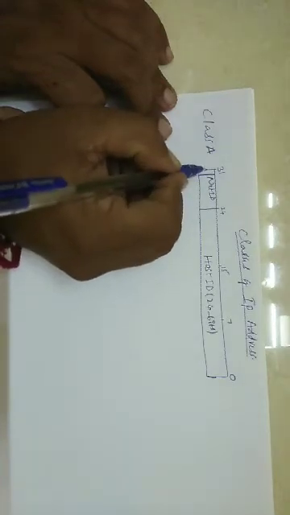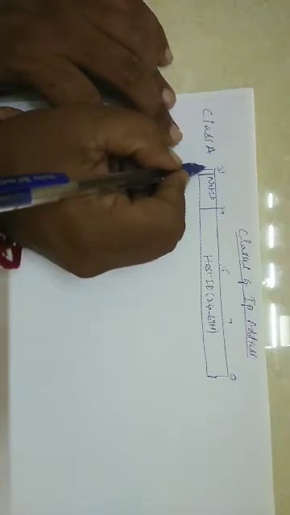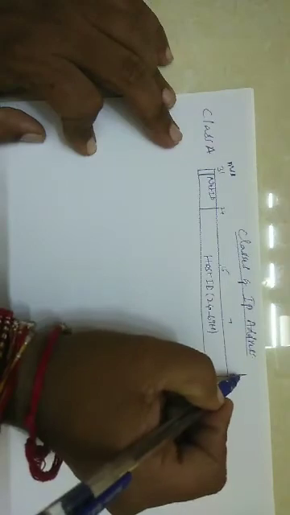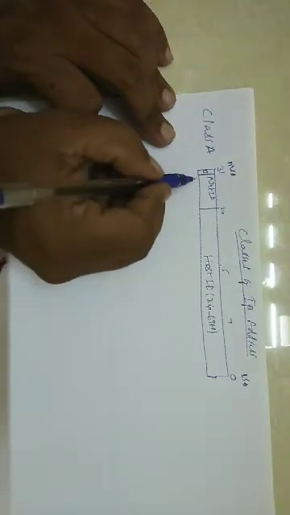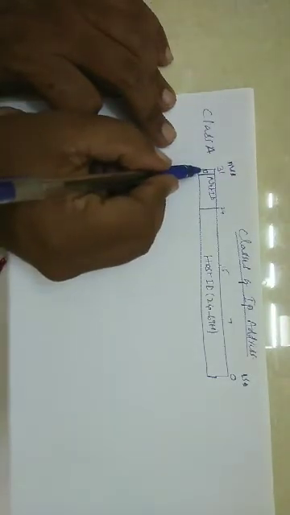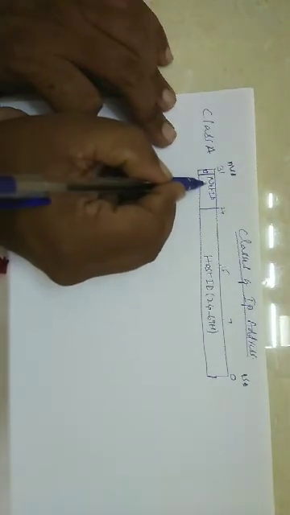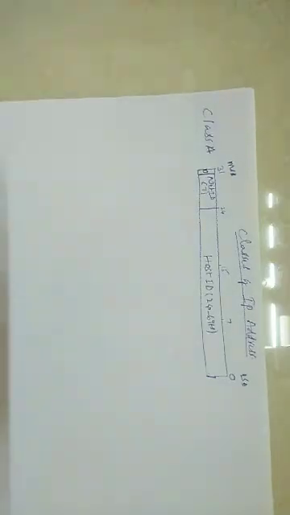For every class we use some MSB bits for class identification. In a class A IP address, among the 8 bits, 1 bit is used as class identification. If the MSB bit is 0, it is definitely a class A IP address, and the remaining 7 bits we use for net ID.